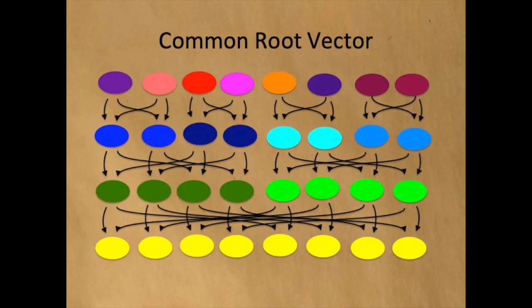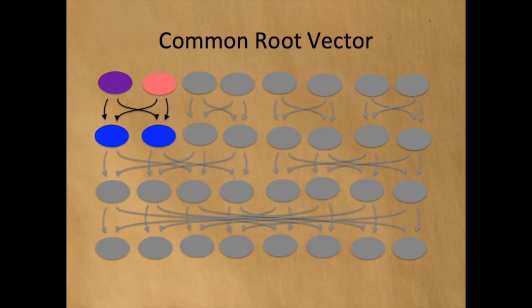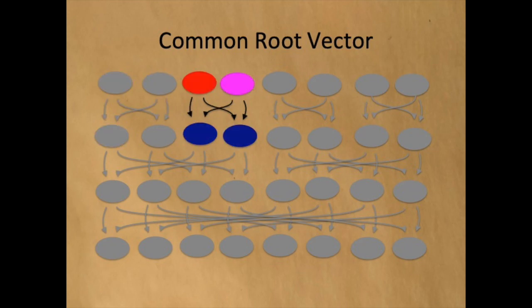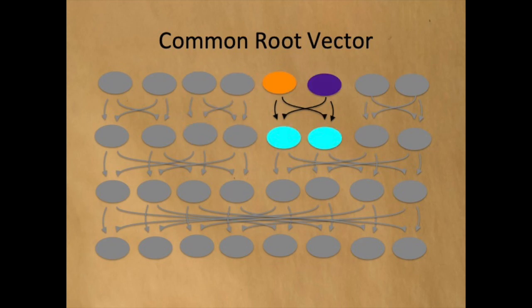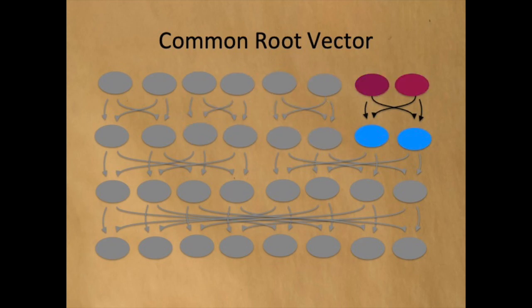Likewise, every node must share a common root vector. The two root population values, whatever they are, must produce the same population value at the next level down. These two population values must produce the same population down, and so on and so on.